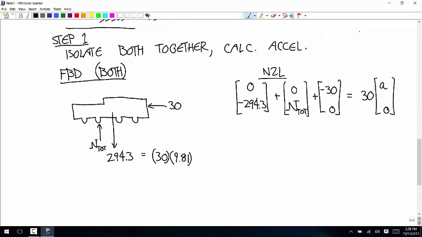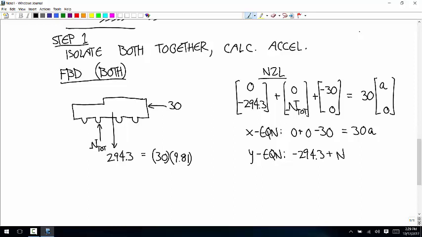Okay, so Newton's second law gives an x equation and a y equation. The x equation says 0 plus 0 minus 30 is equal to 30a. And the y equation says negative 294.3 plus N total plus 0 is equal to 0.